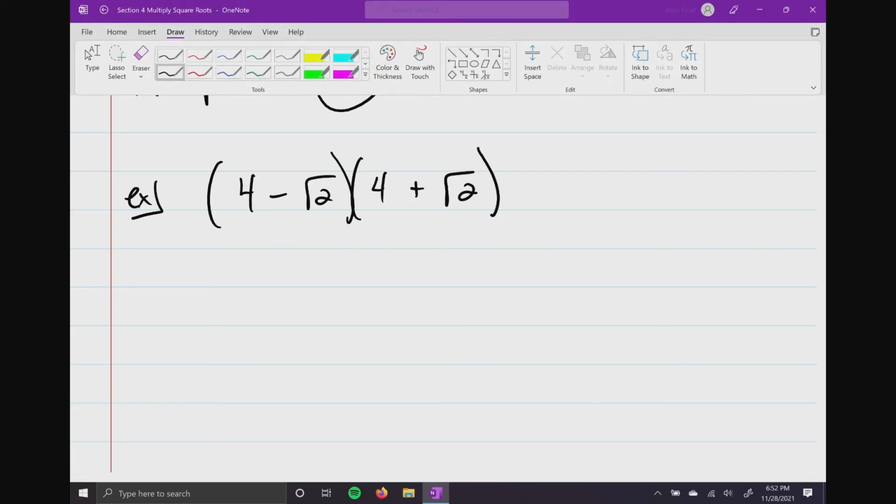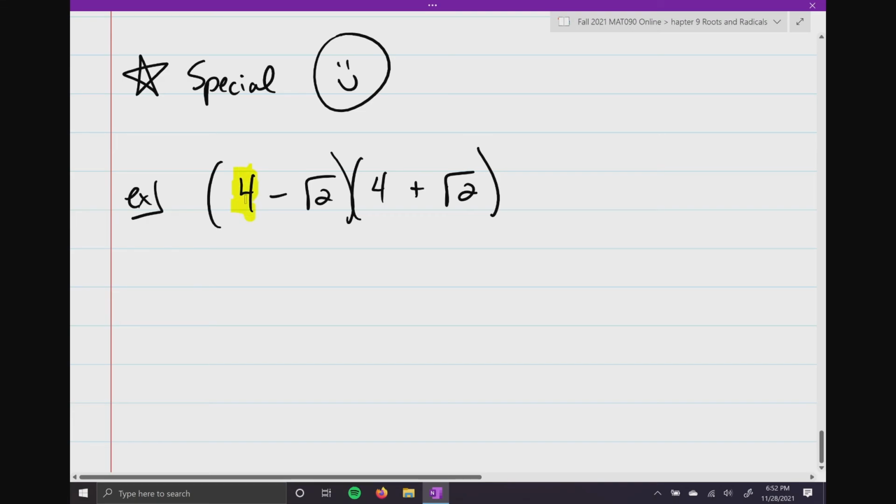So if you notice here, I got a 4 and a 4. I got a square root of 2 and a square root of 2. The only difference between these two binomials is the plus and the minus signs. And hopefully we recognize by now that these are conjugates. They're conjugate pairs, okay?